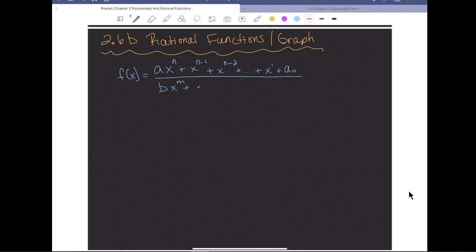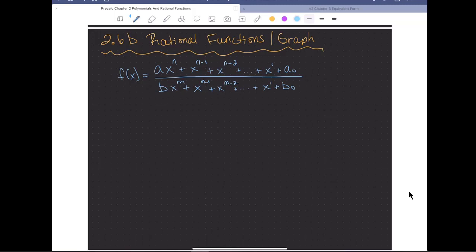You would have your next term, and that degree would be one less than the first one, and then another term 2 less than the first one. That keeps continuing until you get x to the first degree, and then usually, not always, we get that constant term, so we call it b naught, or b sub 0.